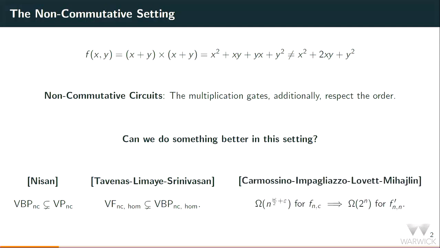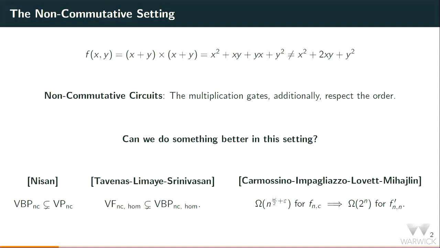Another thing is this amplification of lower bounds. The result of Carmosino, Impagliazzo, Lovett, and Mihajlin shows that if you can give superlinear lower bounds against constant degree n-variate polynomials, then you can actually get exponential lower bounds against degree n, n-variate polynomials. So these are some examples of results that are known in the non-commutative setting, not in the general setting.